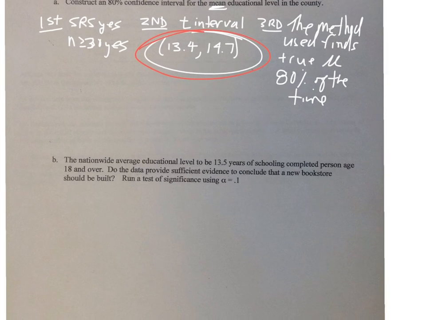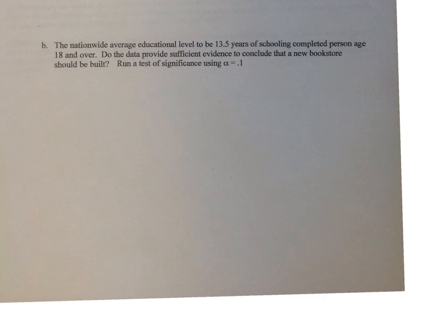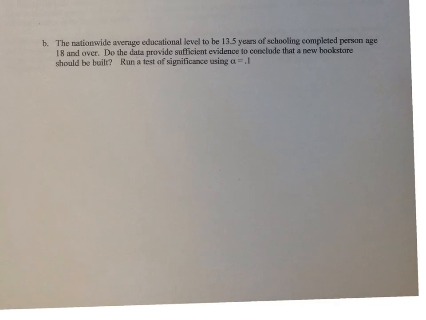Now in question B, it goes on to say, we'll read it over, that the national average is believed to be 13.5 years of schooling for people ages 18 and over. And they want us to run a hypothesis test using 10% as a significance level. So we're using the same sort of information. This does mean that we're working with averages and not percentages.